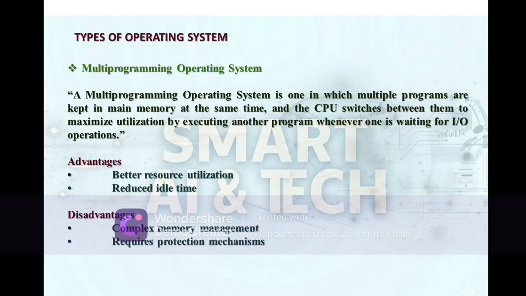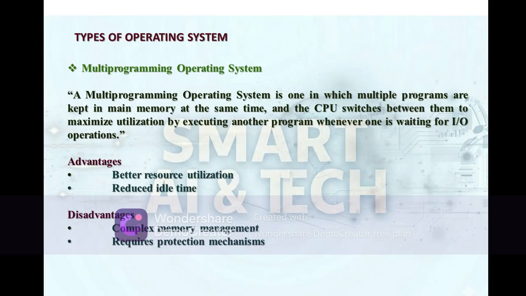Now, the second one is the multi-programming operating system. A multi-programming operating system is one in which multiple programs are kept in main memory at the same time, and the CPU switches between them to maximize utilization by executing another program whenever one is waiting for an I/O operation.